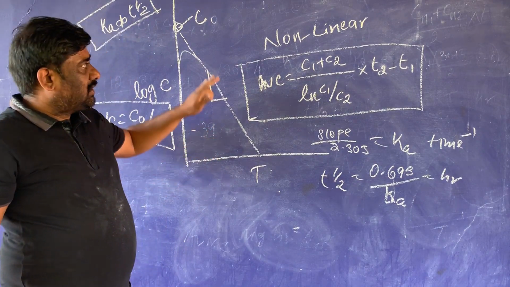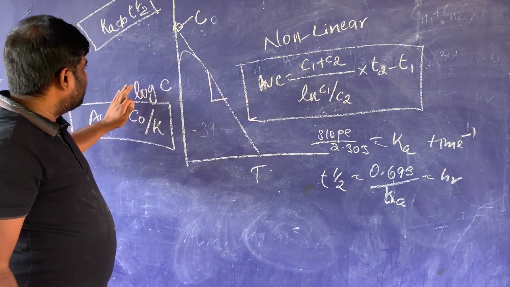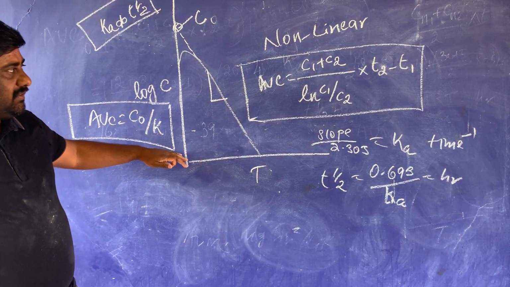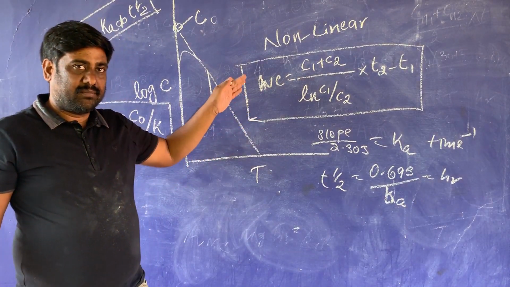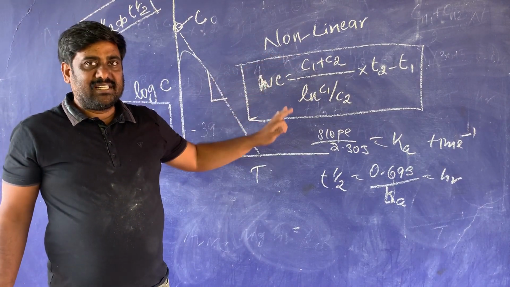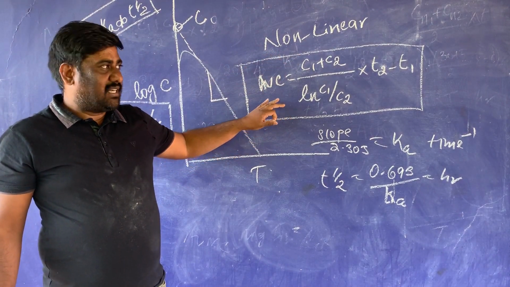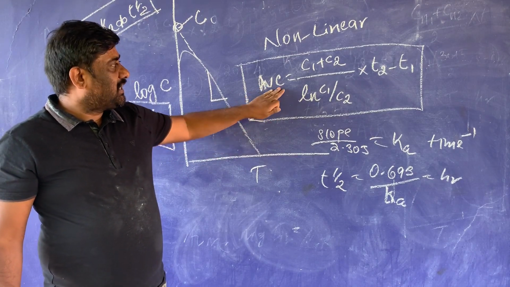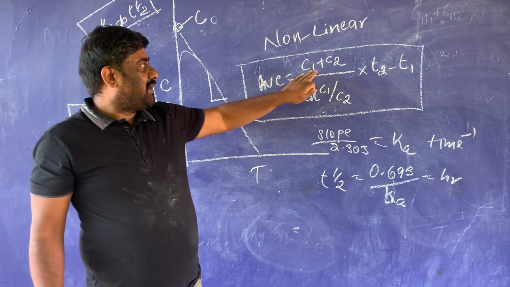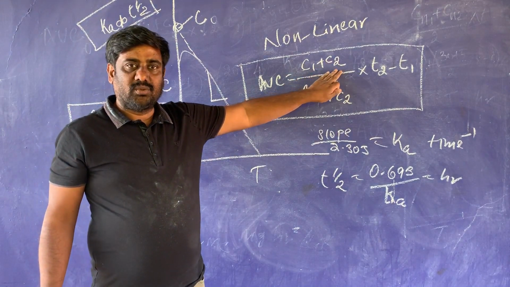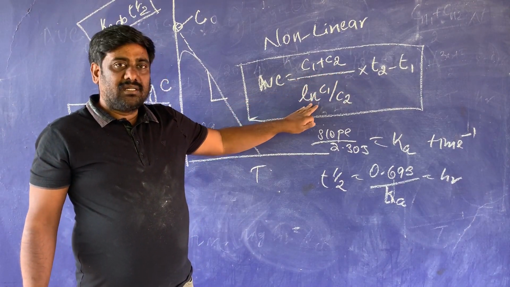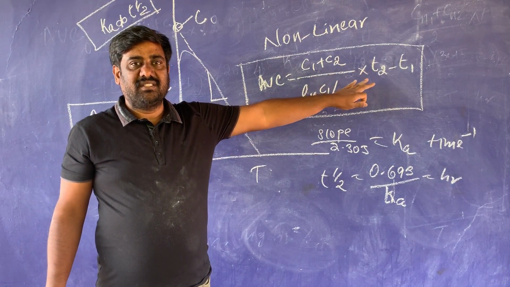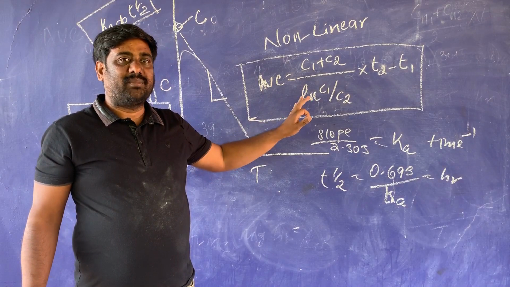Okay, so now the trapezoidal linear method, how to calculate the AUC. And one more thing we mentioned in the previous slide, the non-linear method. More or less we are not following the non-linear method. However, by the non-linear method, the AUC can be calculated by using the formula C1 plus C2, divided by ln C1 by C2, into delta T, that means the difference in T. So this is also a trapezoidal method.